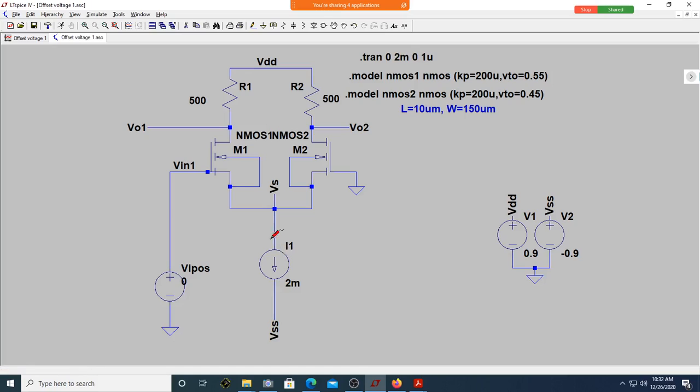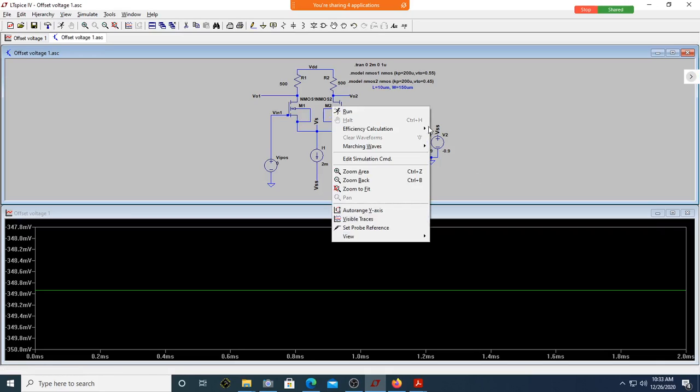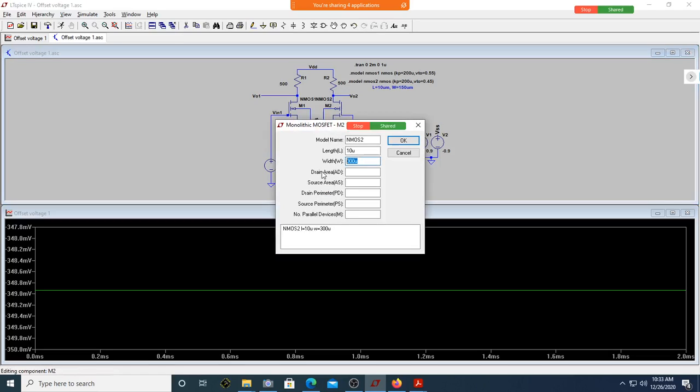Let us find the output offset voltage. Let me see the current. I have to change the W. How much is W? 150, no?